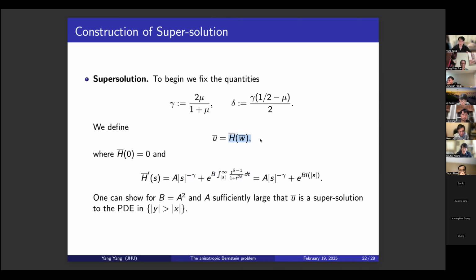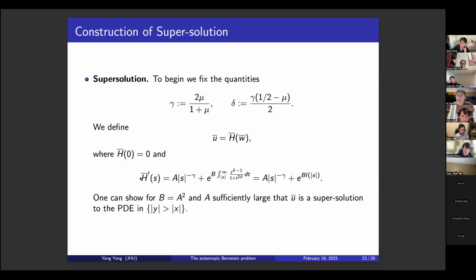This is what we want when we want to make this a supersolution. And we also want this to be extremely concave near the Simons cone, and that's why we make up this term here.